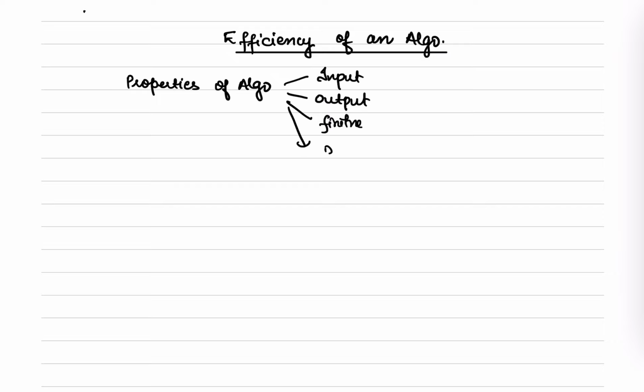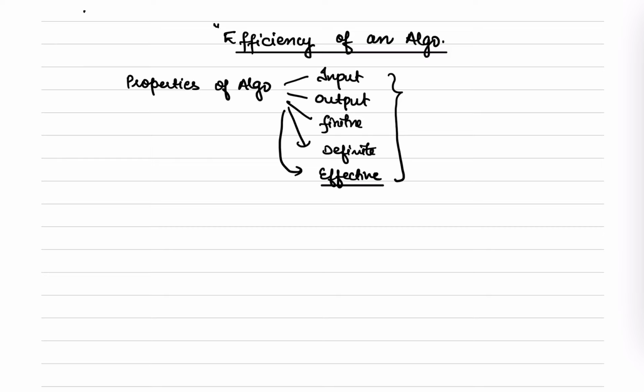Then it should be definite, that every instruction is important, and it should have effectiveness, right? When I talk about all these parameters, these parameters are very helpful to decide which algorithm to choose. Now, any algorithm will have all these five parameters, but the confusion arises about which algorithm to pick, how you are going to measure all these five things, right?